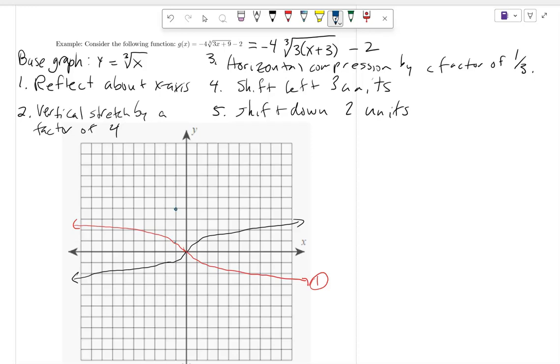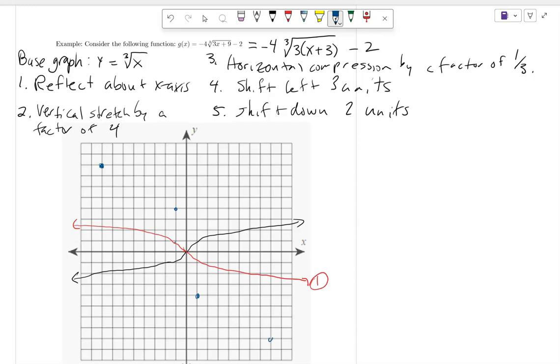Over here, this would be the point at negative 8, 2. I said it backward. Negative 8, 2. So it'll go up to 8. This one will be down at negative 4. And over here we'll be down at negative 8.